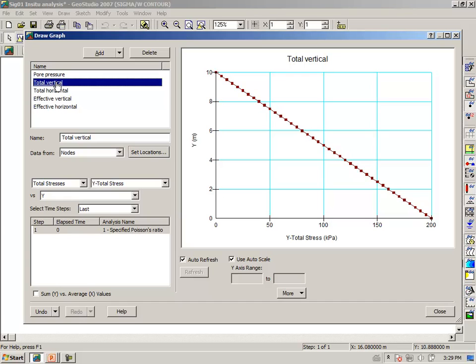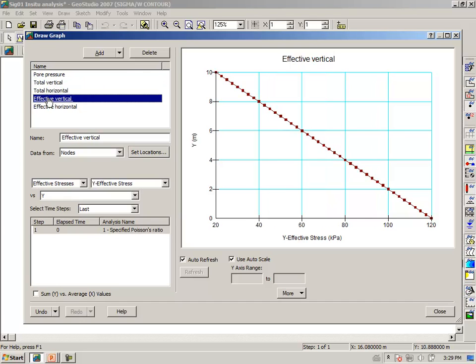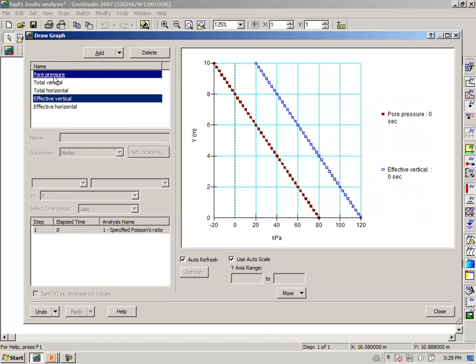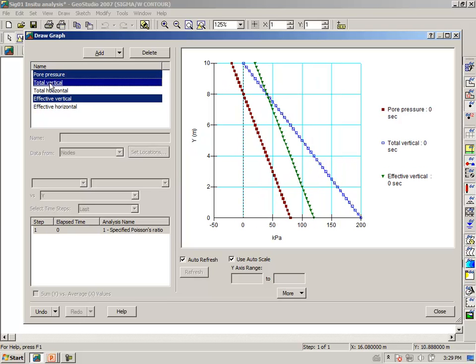Now, we can look at the effective vertical, and the effective vertical should be equal to the total minus the pore pressure. So when we hold down the control key, we can plot pore pressure at the same time, and we can plot the total vertical at the same time.